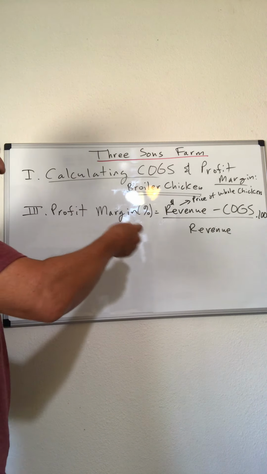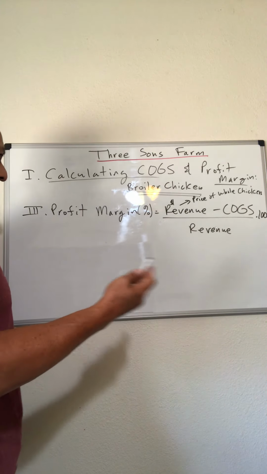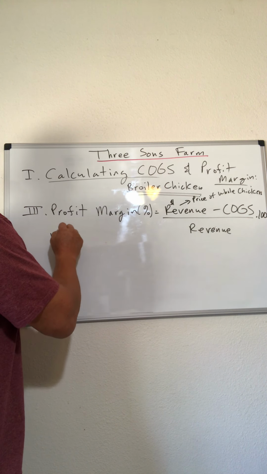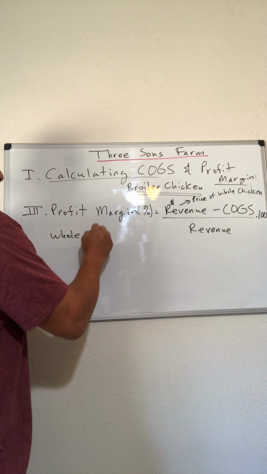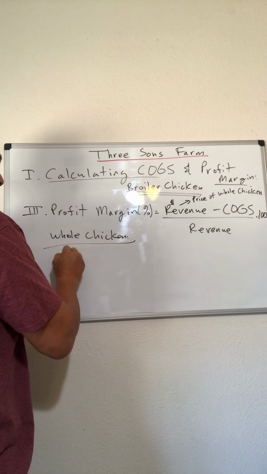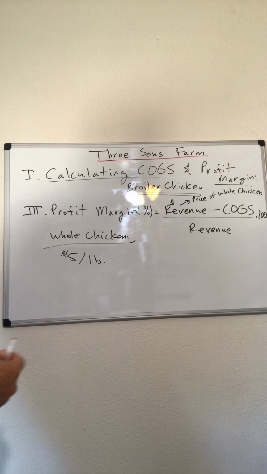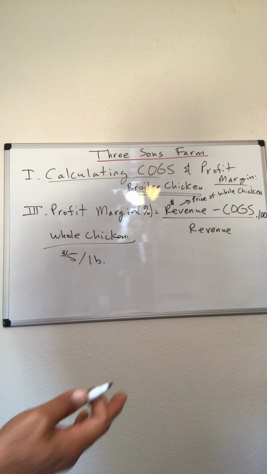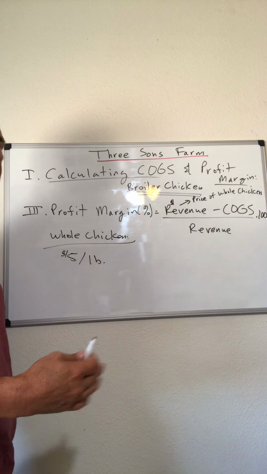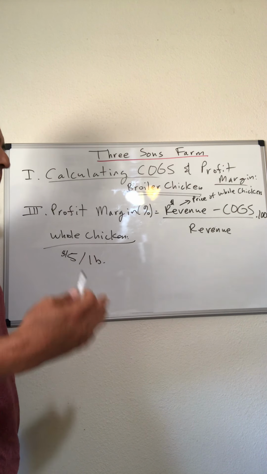So to get this number right here, we need to make some assumptions. So let's say that for a whole chicken, you charge $5 per pound. Okay. And let's say the average weight of a whole chicken, and again, this will vary depending on what kind of product you're trying to produce for who and what your customers want.